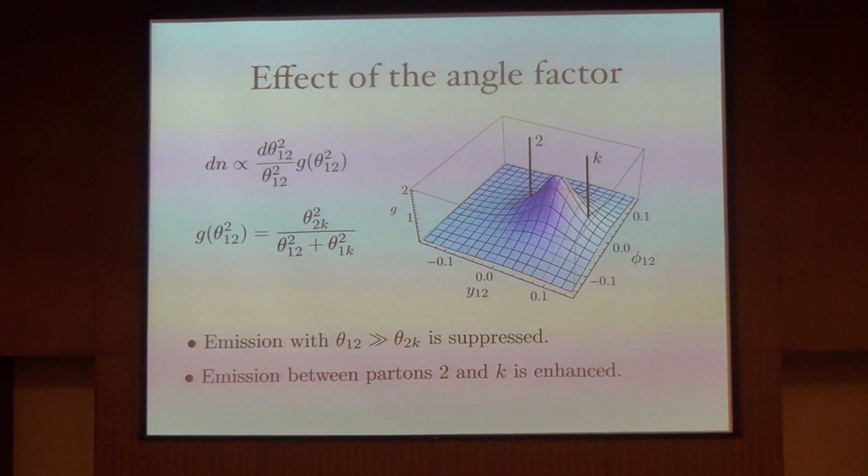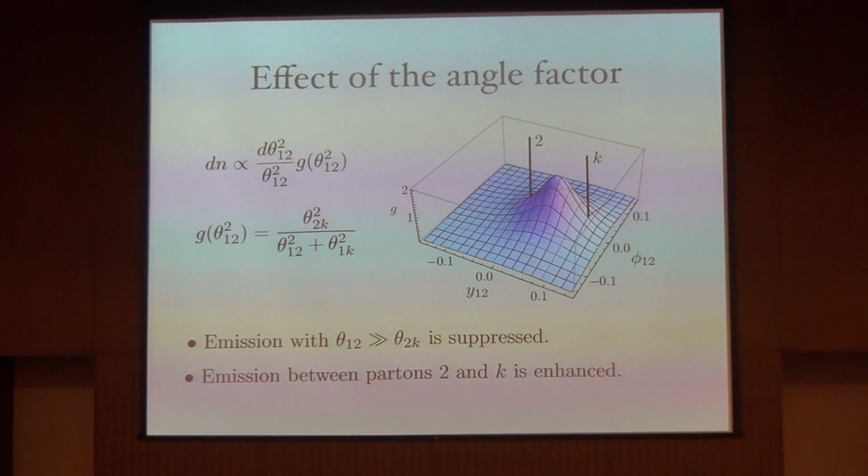Here's a 3D plot of just that function. Here's where parton 2 is, there's where parton k is, and what this extra angular factor is doing is modifying the d theta squared over theta squared distribution so that we see it's more likely to have an emission between parton 2 and its color-connected partner, parton k.